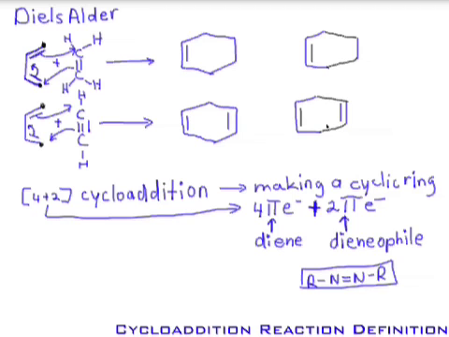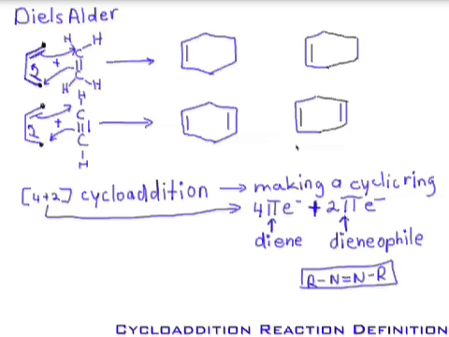And so you get two new sigma bonds and a shifted pi. The reaction involves a redistribution of electrons and bonds. Two double bonds are replaced by two new single bonds and a double bond. So we are breaking 3 pi bonds and making 2 sigma bonds and a single pi bond.